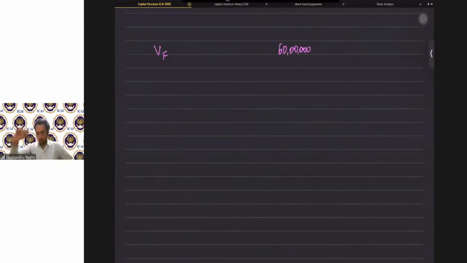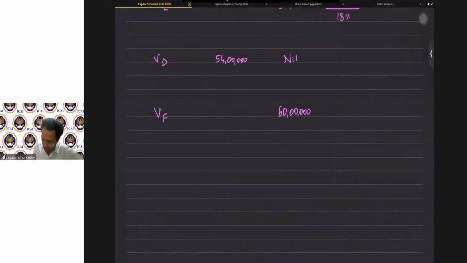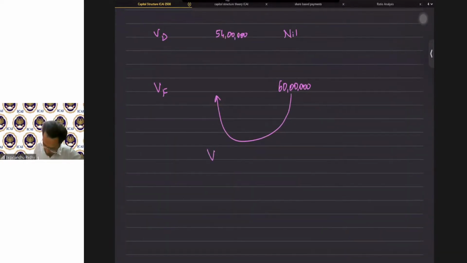What about value of firm for company A? By the way, from here till here, we know value of a levered firm will be value of unlevered plus debt into tax rate. Value of levered firm will be value of unlevered plus debt into tax rate.